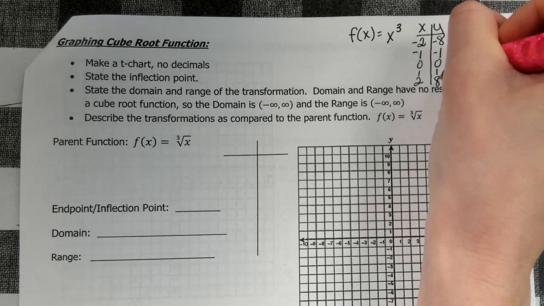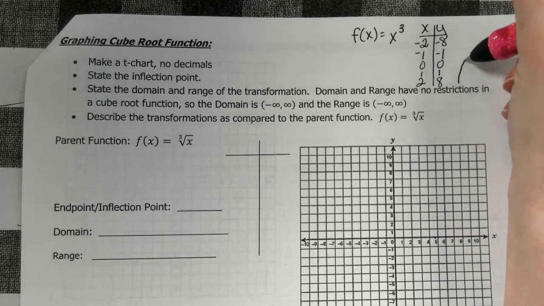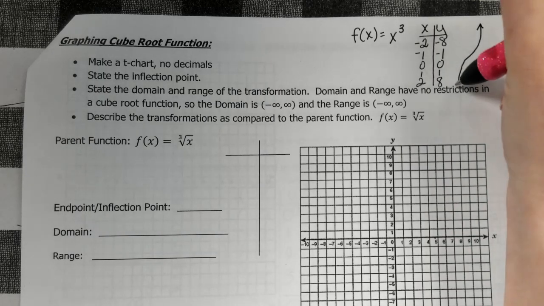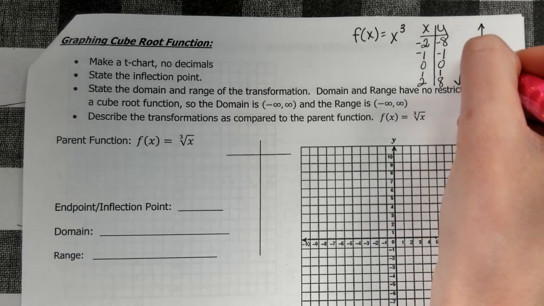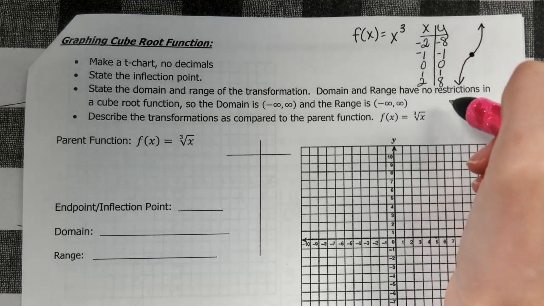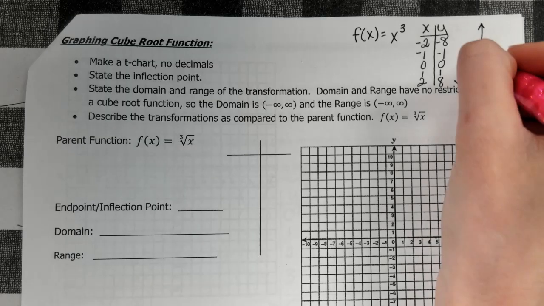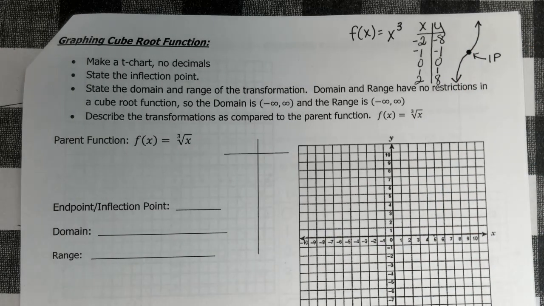And 2 cubed is 8. And our graph would look something like this. Y'all remember that from chapter 5? Okay. What was in the middle? Do y'all remember? The middle of that graph. When your graph started to change direction, what did I call that? That was your inflection point.